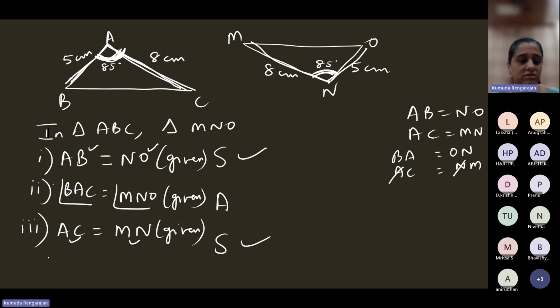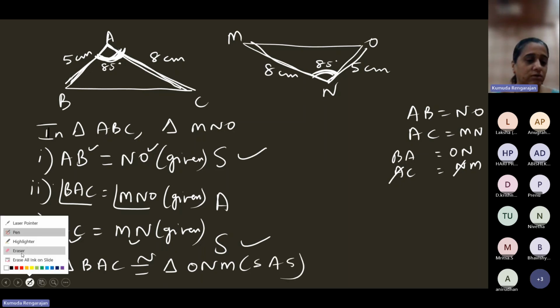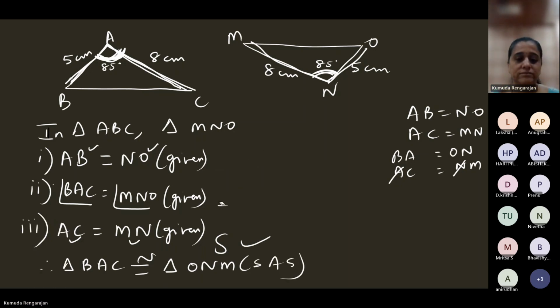So the order is, therefore, triangle BAC is congruent to triangle ONM by the SAS congruence criterion. So like this, the two triangles are congruent.